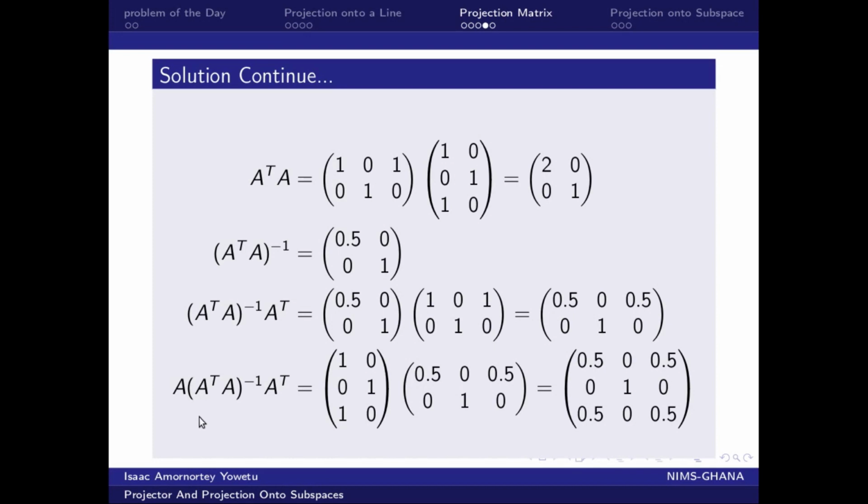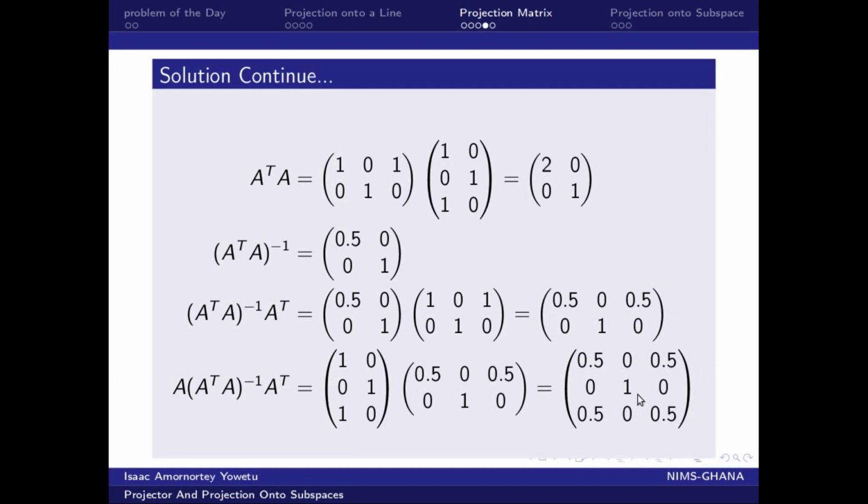Then to get our matrix P, we pre-multiply the pseudo inverse by this matrix A here. We know our pseudo inverse to be this, which is the same as what we have here, and then the matrix A times the pseudo inverse gives us our P matrix.